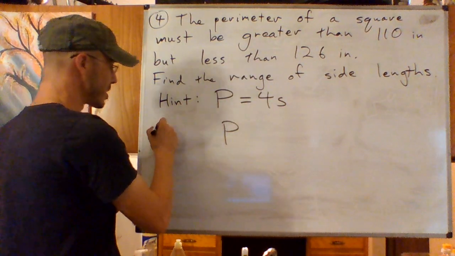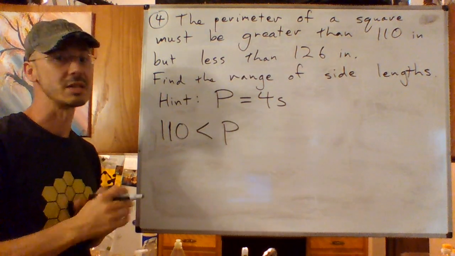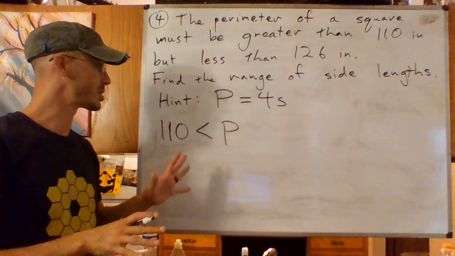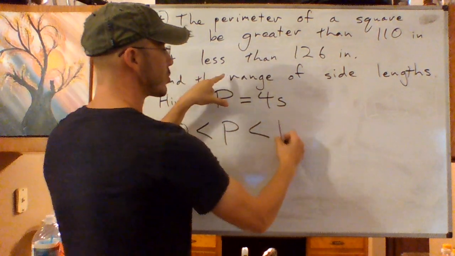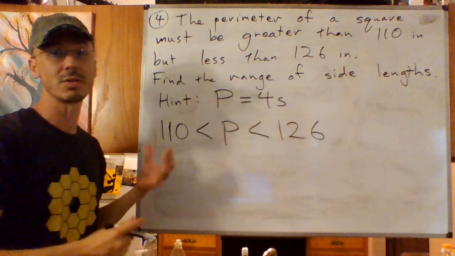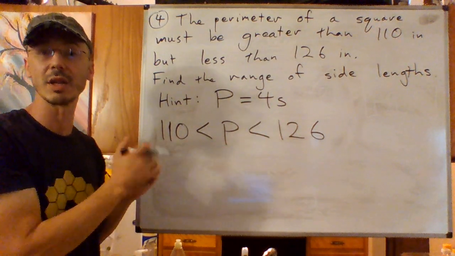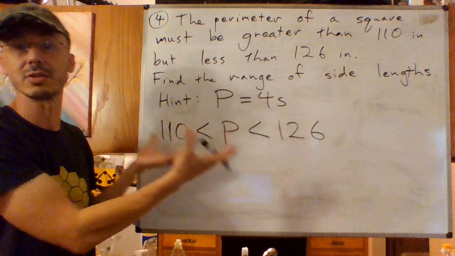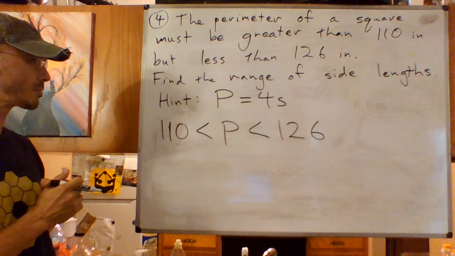What I'm going to do instead is write 110 is less than P. Same meaning, it's just that this way allows me to say also that it's less than 126. So rather than having 2 different inequalities, I have this one statement that says the same thing, in one sentence rather than 2 separate ones.